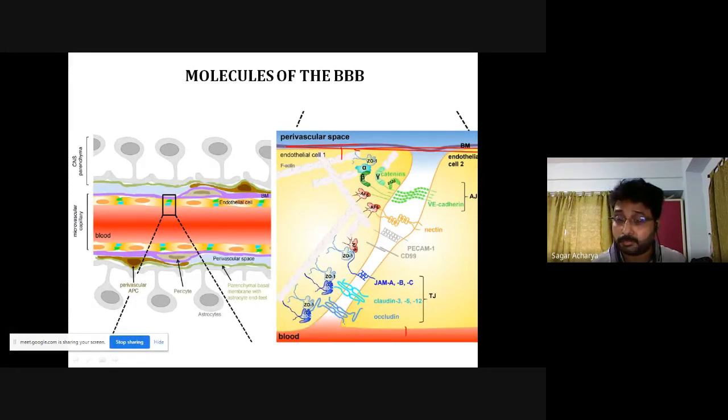But very importantly here, the spatial distribution of this tight junction protein is very much important. It's not coming here and there. It's only coming to the apical and lateral membrane, because here the blood side is the apical, luminal region. In the apical lateral region, you can find this type of arrangement of proteins.